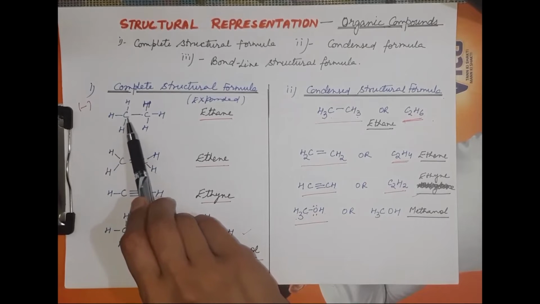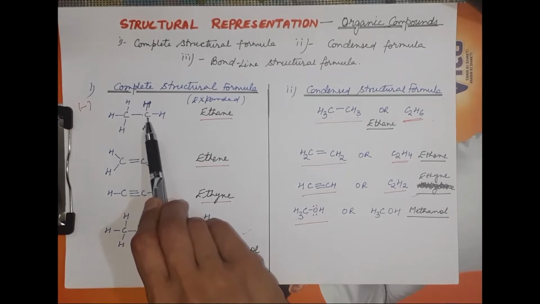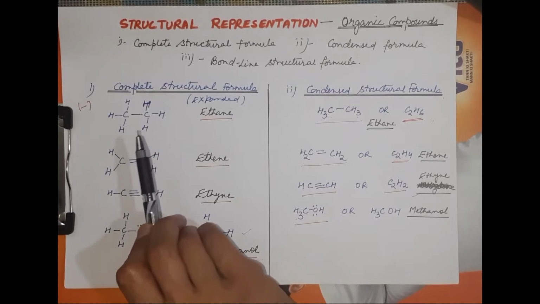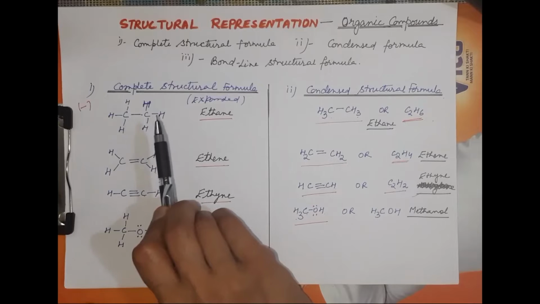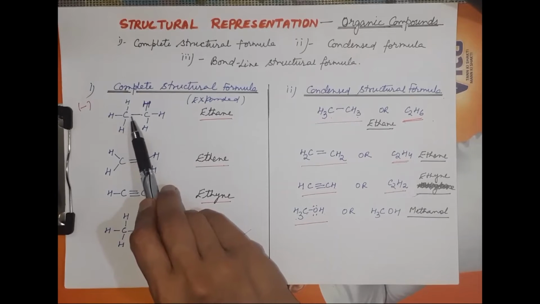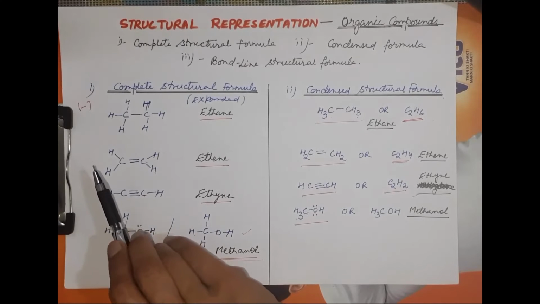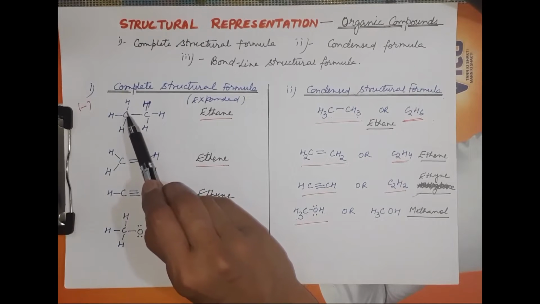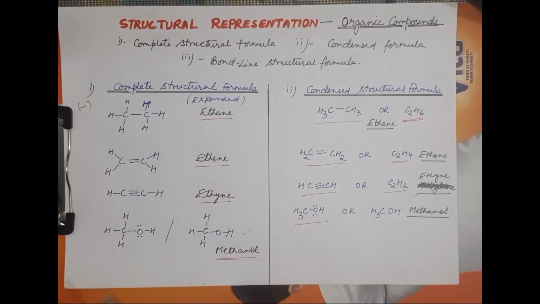Basically, this single bond between carbon and carbon is the representation of the two-electron covalent bond. In the same way, this is the covalent bond between the carbon and hydrogen atom.